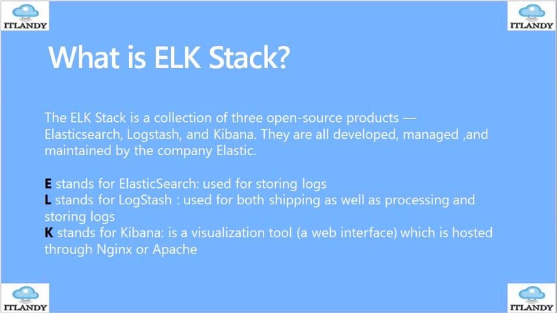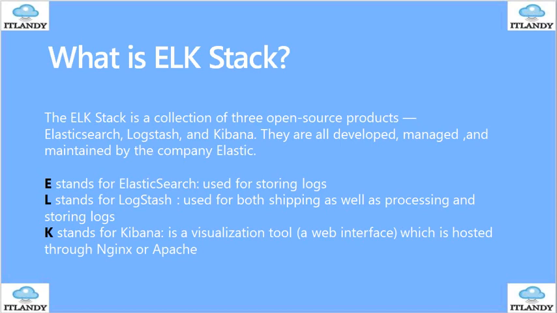Now, we said ELK. E stands for Elasticsearch, and this is used for storing logs. L stands for Logstash, and this is used for both shipping as well as processing the logs. So first we store the logs, second I need to ship and process them, and third I need to visualize them.